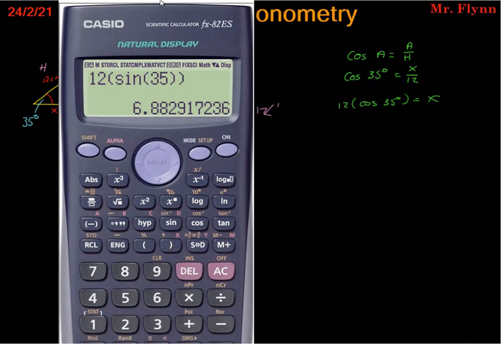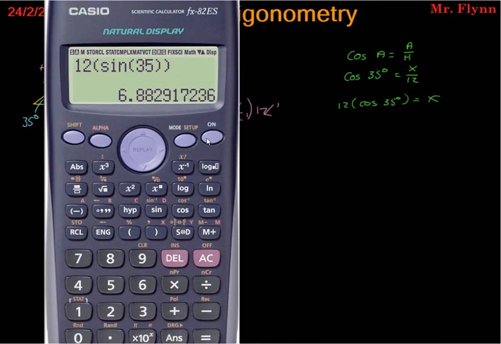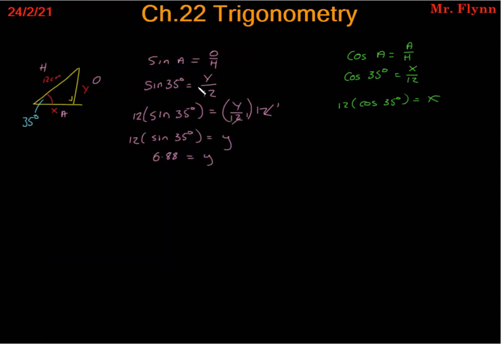I'll move this to this side this time. So again, cancel that. So 12 multiplied by cos this time of the angle 35 degrees, and that is equal to 9.82, which will be 9.83 if I round it up. So 9.83 is equal to my side x.